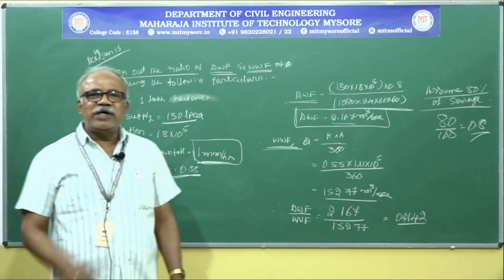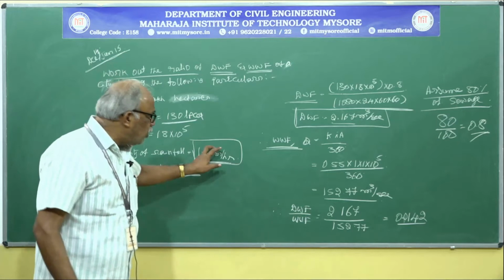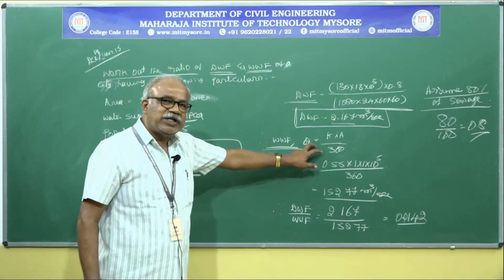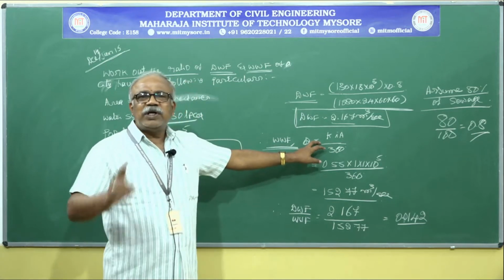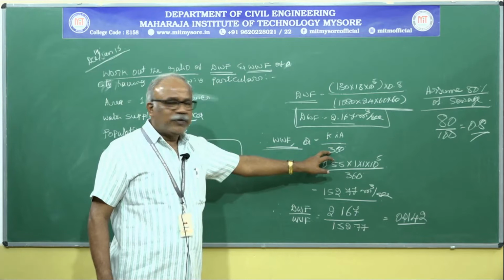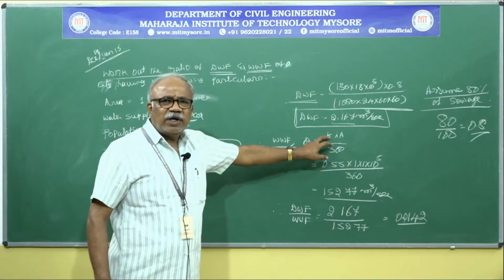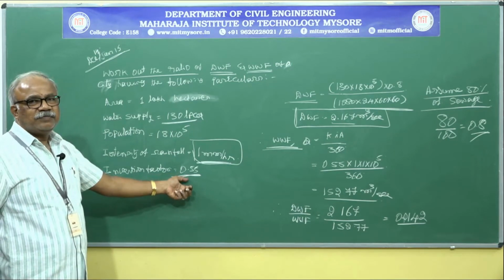In this problem, it is given as 1 millimeter per hour. So according to this, I am using this equation: for wet weather flow, Q is equal to K into I into A divided by 360. What do you mean by K? That is also given, the inversion factor.